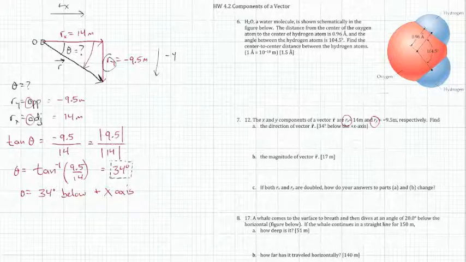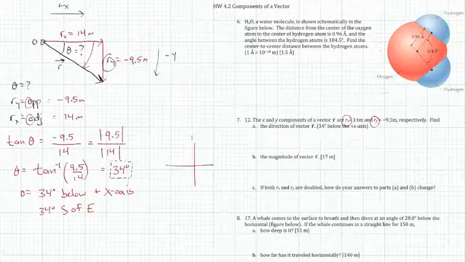We could also state it as being 34 degrees south of east. If we look at our coordinate system, if this is north, south, east, west, here is east over here, and 34 degrees south of it would be that right there, 34 degrees.